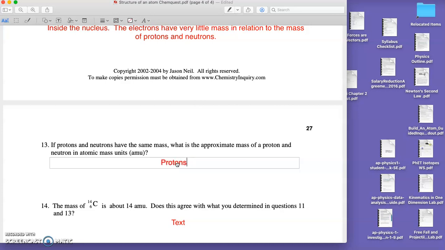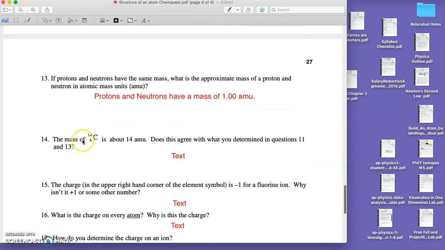Protons and neutrons have a mass of about 1 AMU. That's approximate, but about 1 AMU. So the mass of 14 carbon is about 14 AMU. Does this agree? Sure does. And again, it's approximate. We tend not to worry about the mass of the electrons since they're so small in relation to the total mass. So the answer is yes.